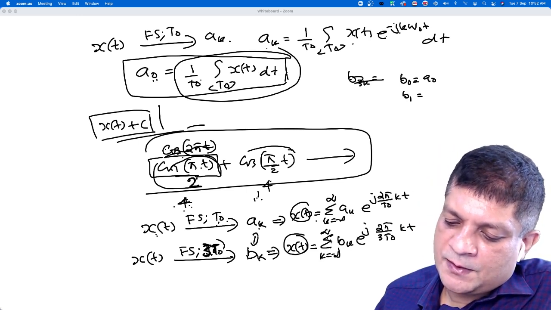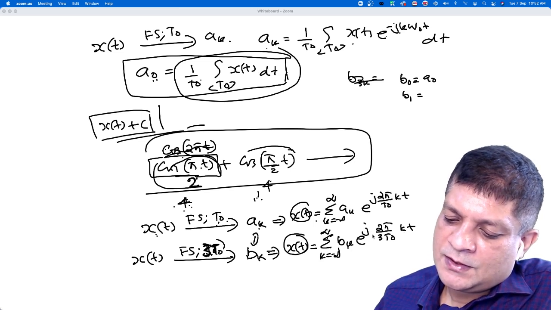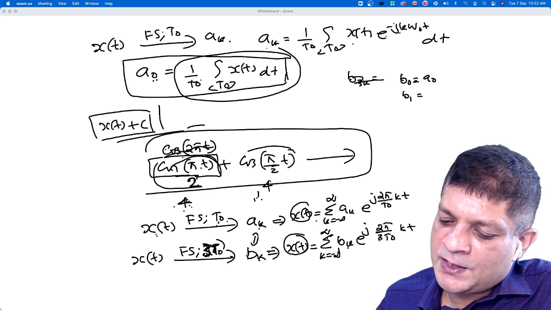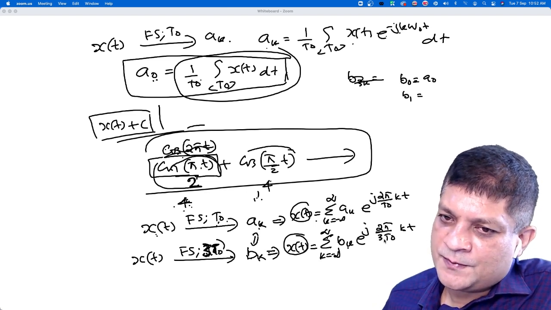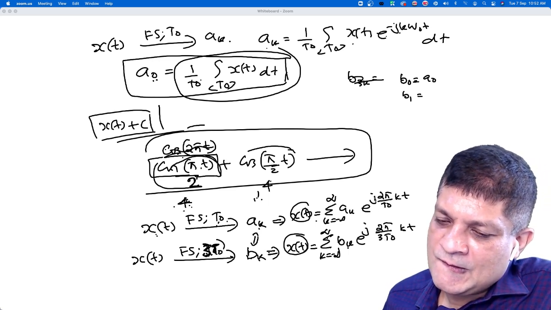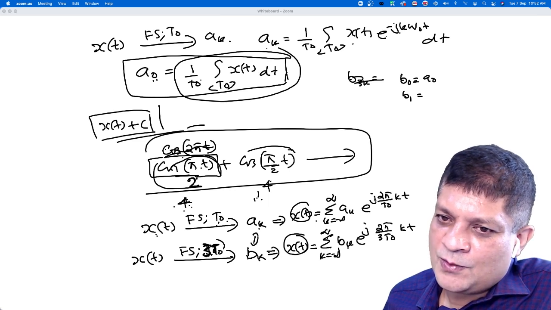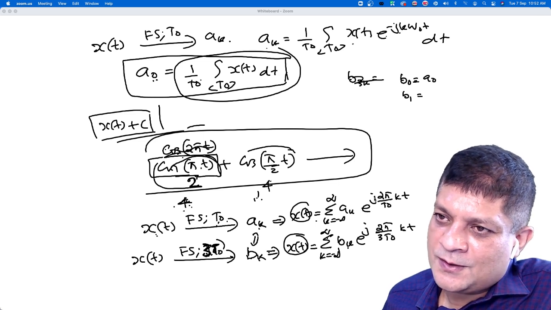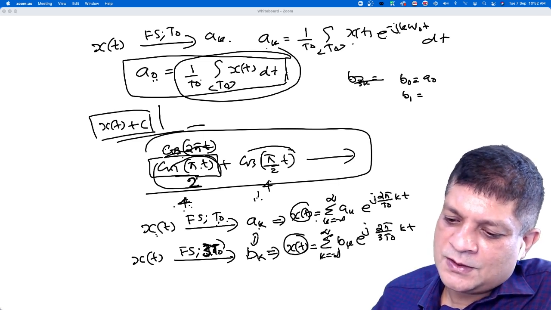What is b_1? When k is 1, that is b_1. The harmonic is 2 pi by 3 T naught. Is there any such term here? No, it is not there. Then that is 0.